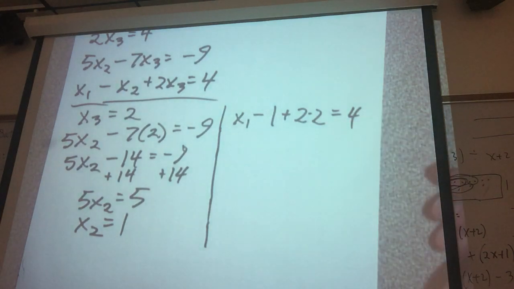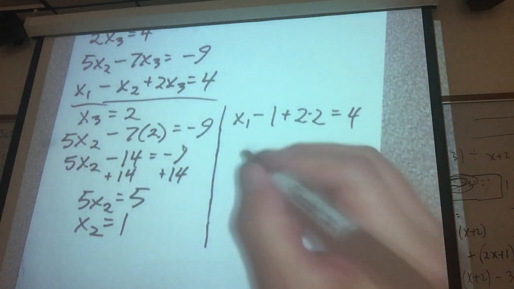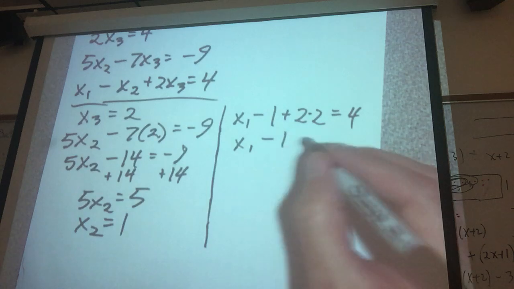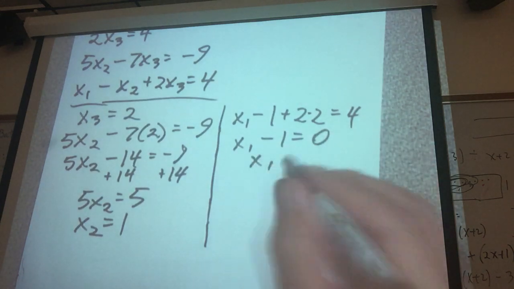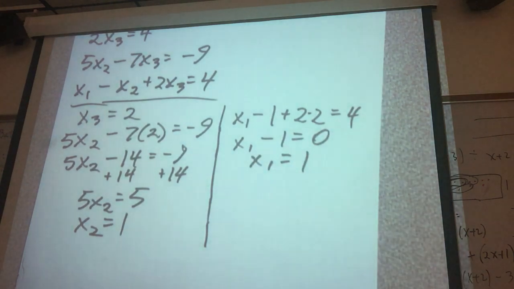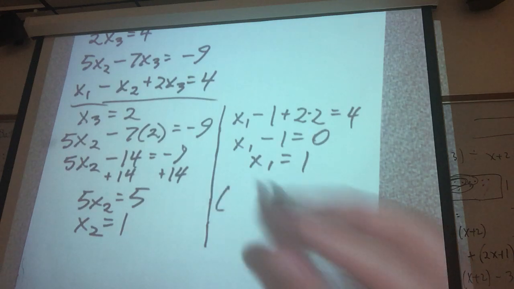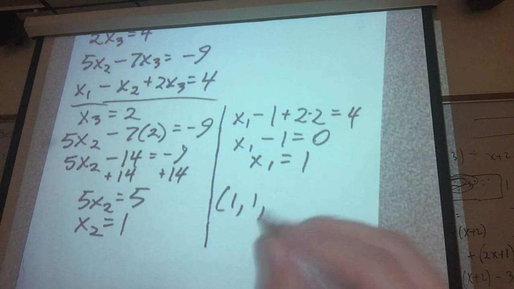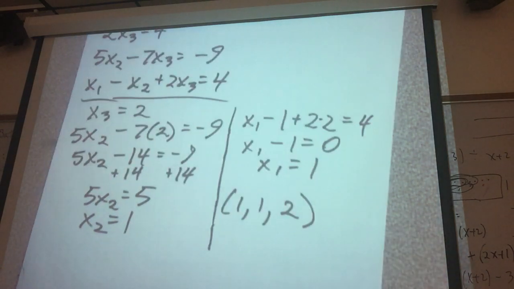Well, 2 times 2 is just 4, so if we subtract 4 from both sides, we get x1 minus 1 equals 0, or x1 equals 1. And so that gives us the point 1, 1, 2.